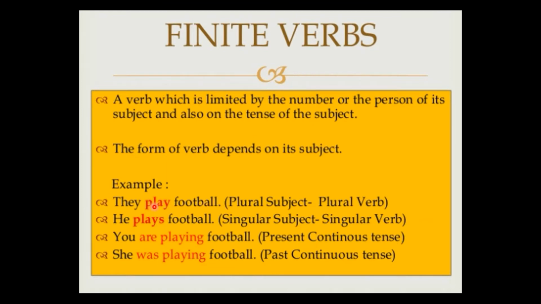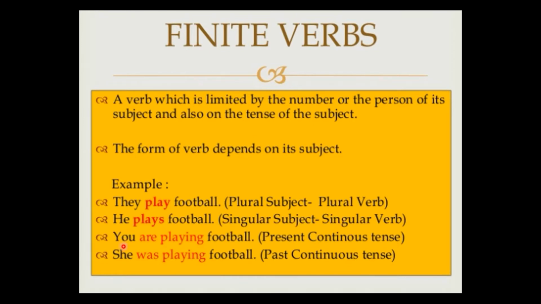Here we have used play because we use the first form of the verb in present indefinite tense with plural they, plural subject, plural verb, right? Then he plays. Now we are using plays because there is a singular subject, so this play has also changed its formation because this is a singular subject and a singular verb.